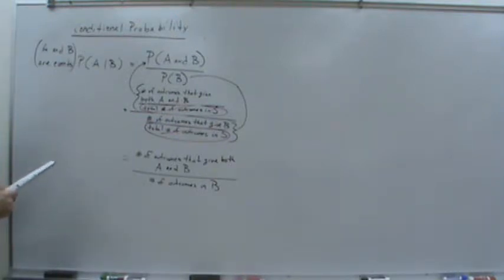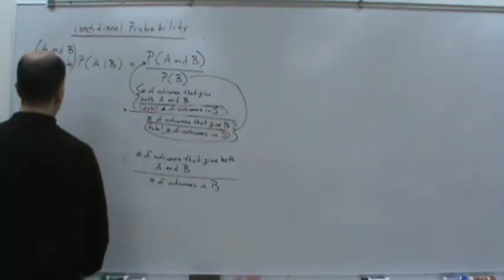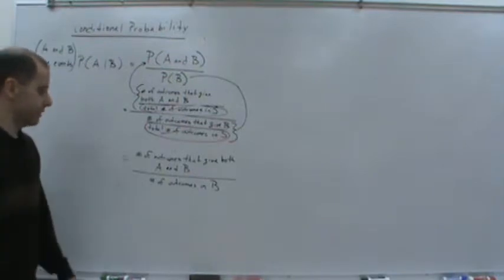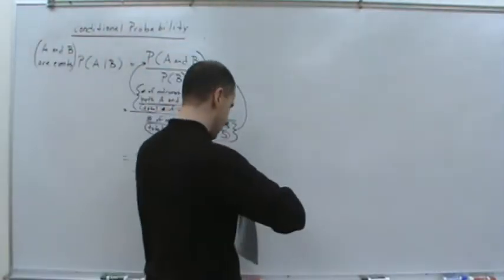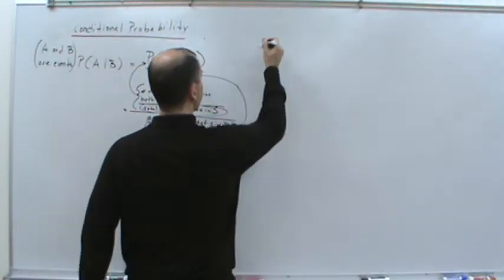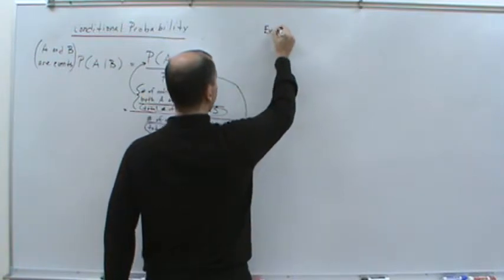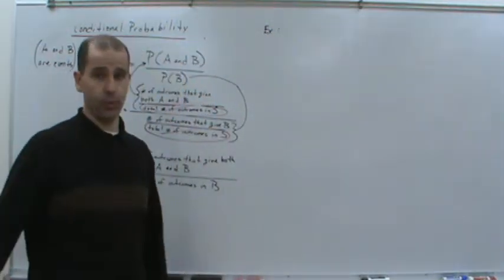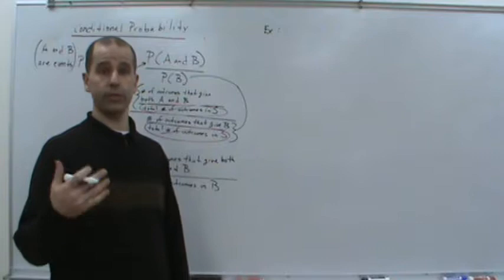Let's see here. Okay, let's do this. Let's say, for our example, we roll a fair six-sided die.